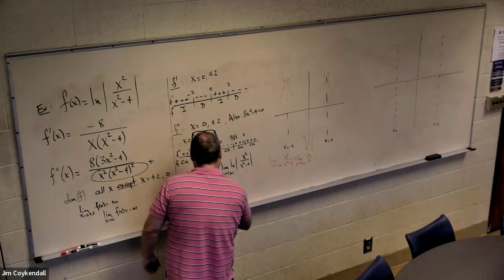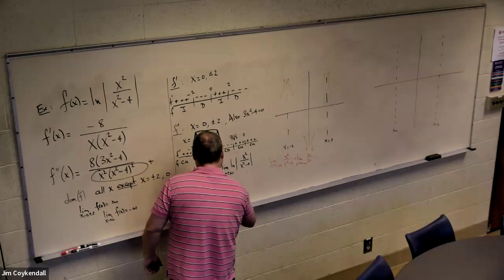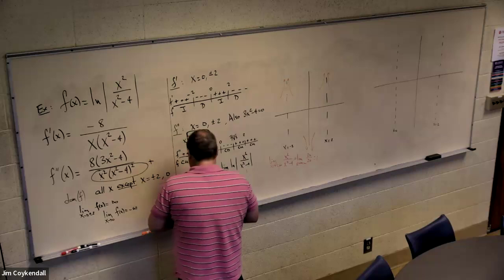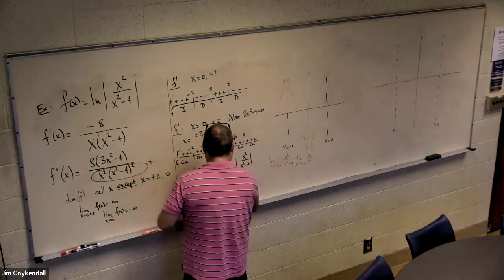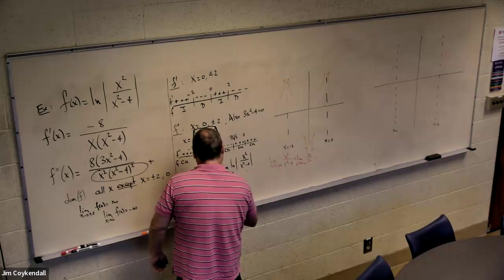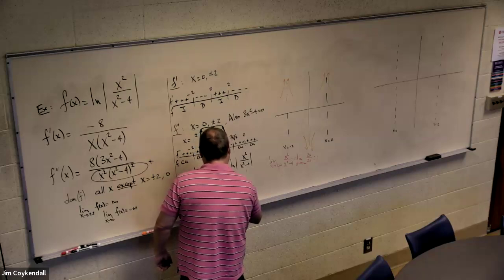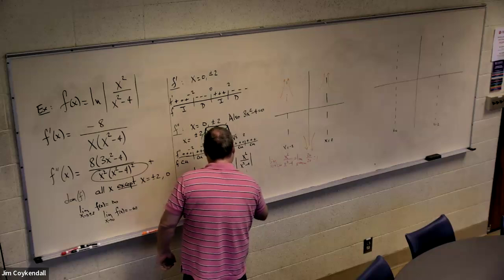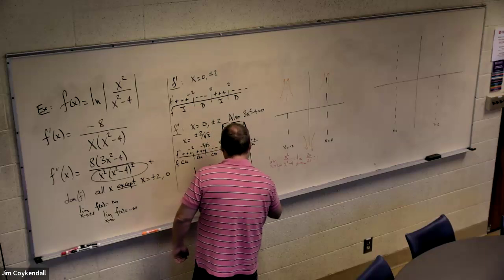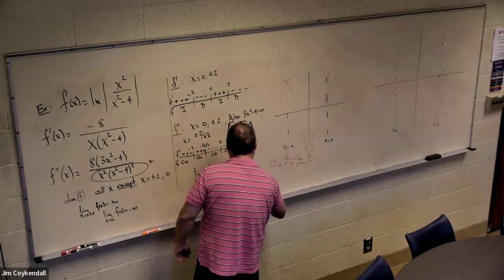Wait a minute. As x goes to plus or minus infinity, the natural log of the absolute value of the limit as x goes to plus or minus infinity of x squared over x squared minus 4, which is natural log of 1, which is 0.